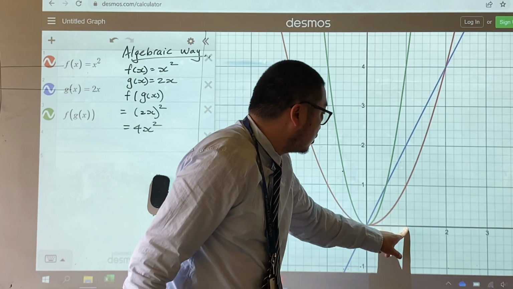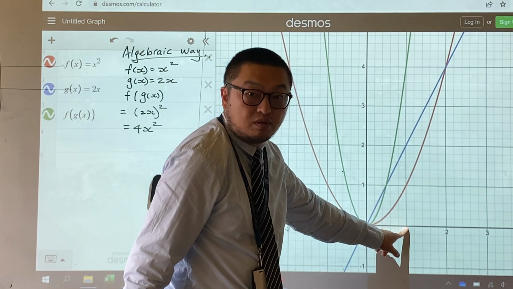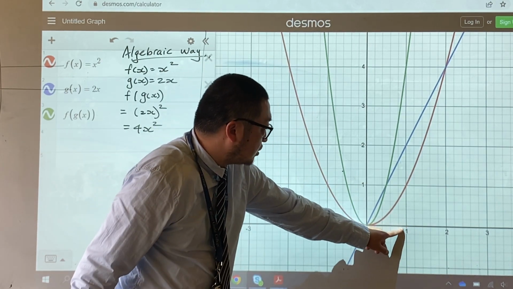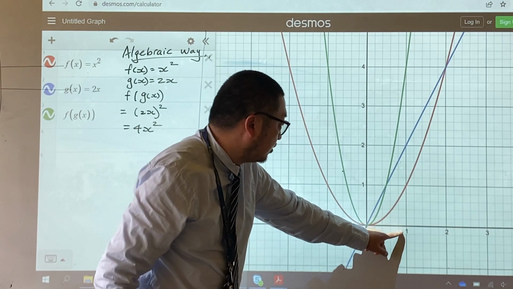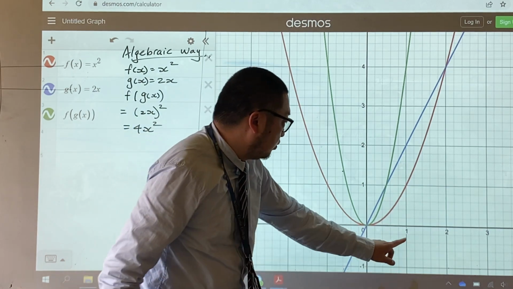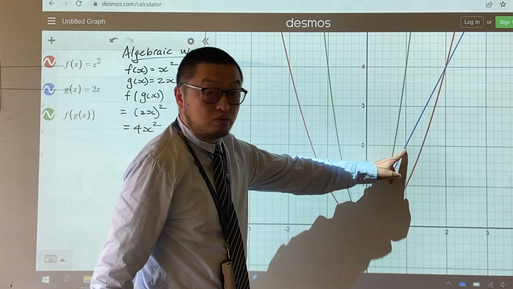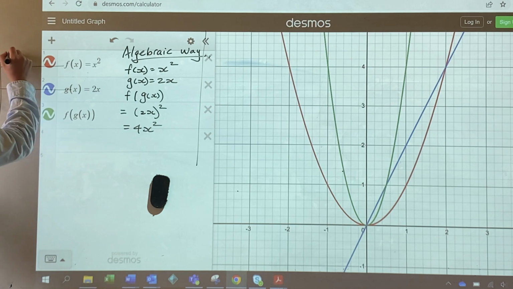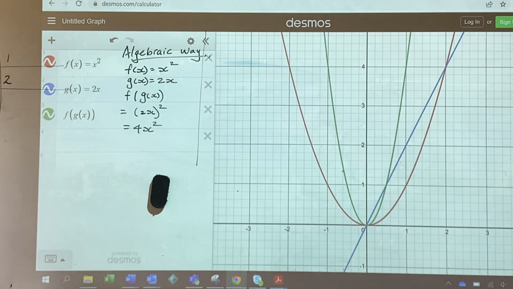When x is 1, what's g(x)? Somebody said 2. Very good. You look at the blue line. Yes, when x is 1, g(x) is 2. That's easy, right? You draw a table like this, even in the exam, then you know what to do.